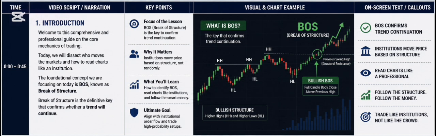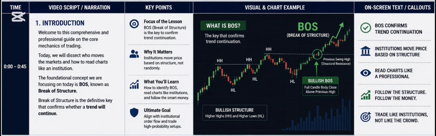For example, if a market is making bullish structure and suddenly breaks the last low, that specific violation of the protected low is a change of character, signaling a bearish shift. A change of character is the earliest warning that order flow is flipping sides.